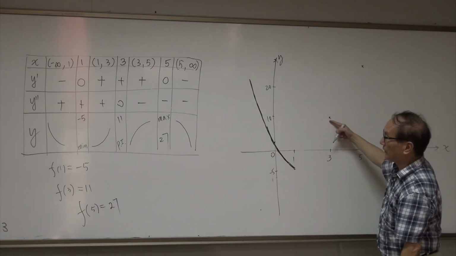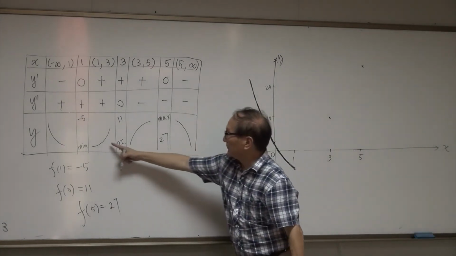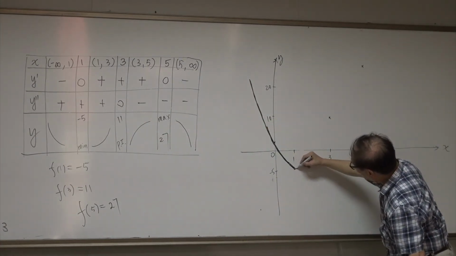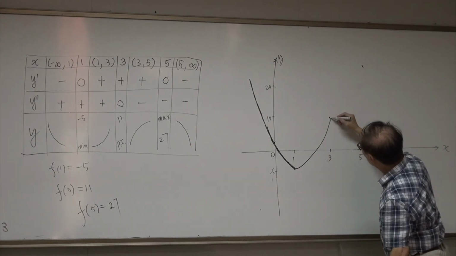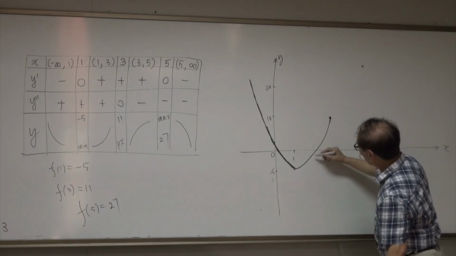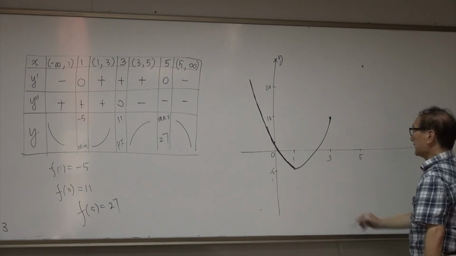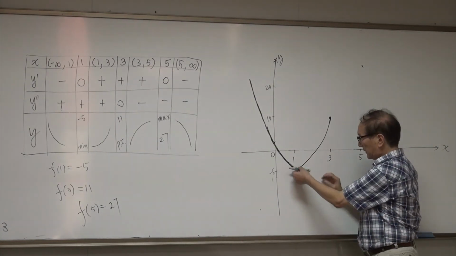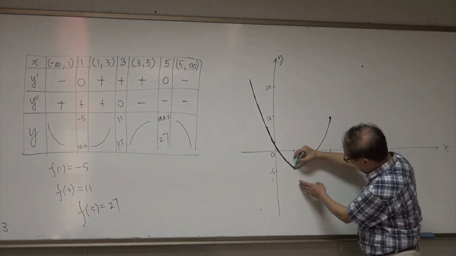Then go to this point, 3, 11, using this shape. Be careful, the gradient must be 0 here, the tangent. The tangent 0 must be here. Therefore, the curve must be smooth.